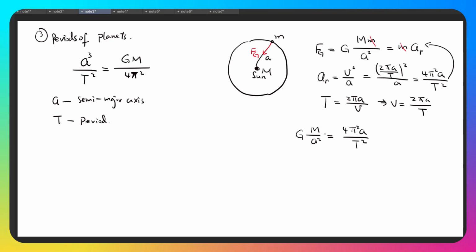Now if I rearrange the terms, moving A squared to the right side, we have A cubed over T squared equals G capital M over 4 pi squared. So that's Kepler's third law, and we know now it comes from Newton's second law for circular motion.